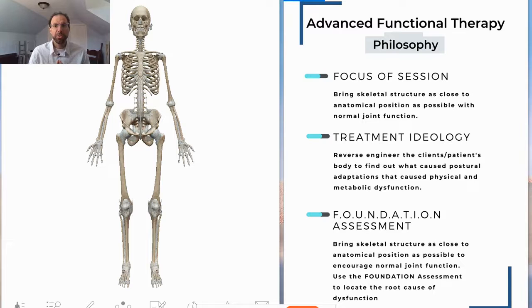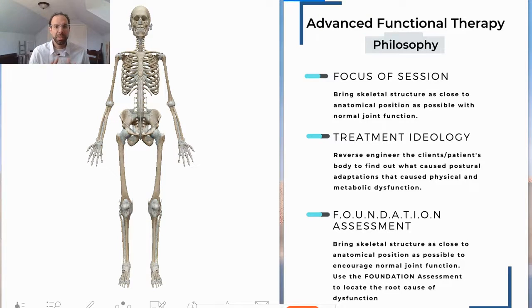So first, I want to go over the focus of every session that I do with a patient. Every client or patient that comes into the clinic, comes into my treatment room, I'm looking at them, assessing them, and looking at their body and seeing, is their body in anatomical position?